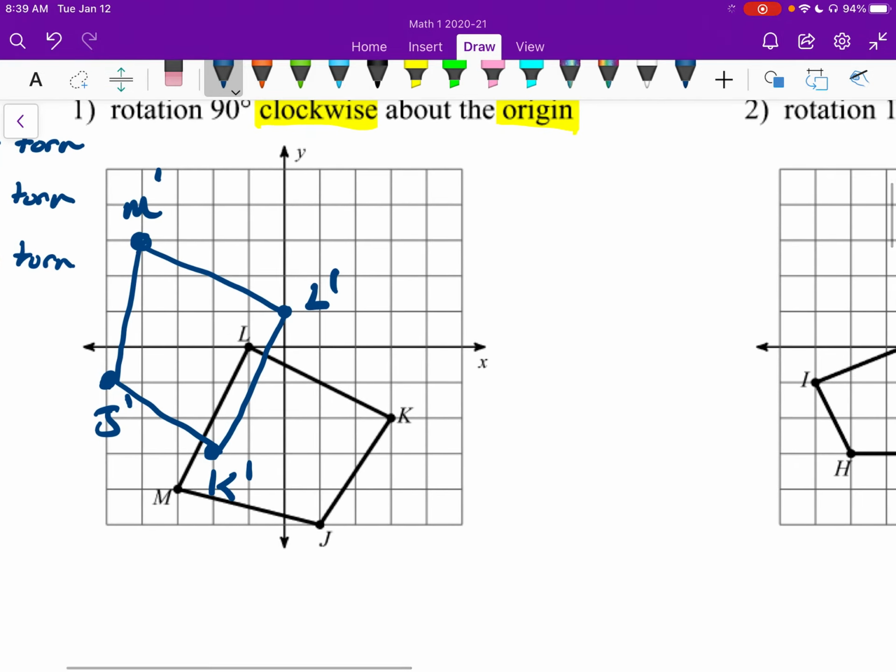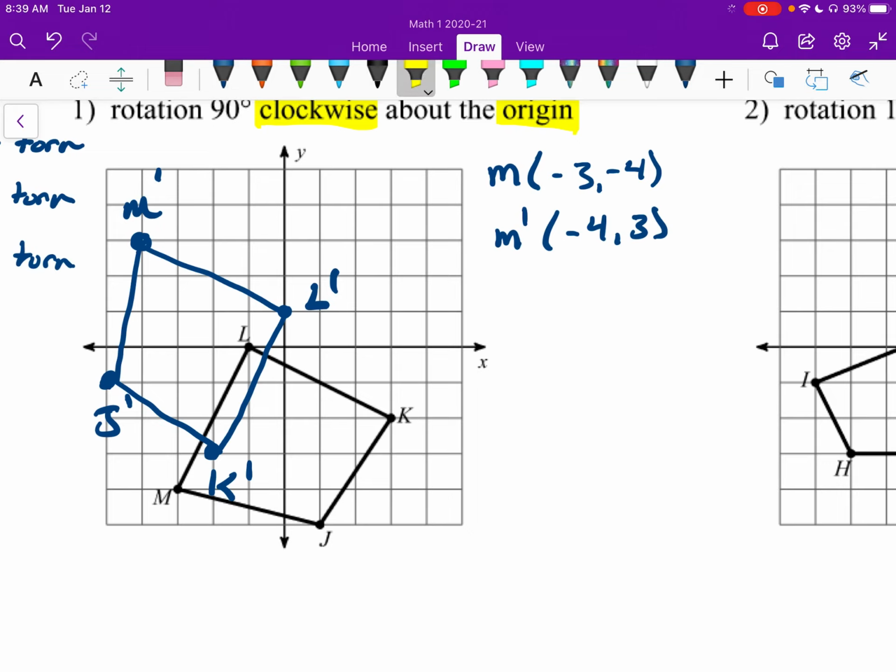Now, while we've got this picture here, I want to look at two of the points. Let's look at M and M prime. M is at, what is that, -3, -4. M prime is at -4, 3. Is that right? Yes. All right. So think about what happened there. The Y swapped spots.